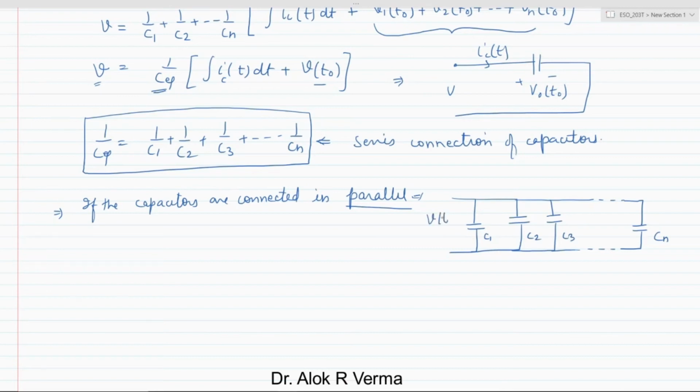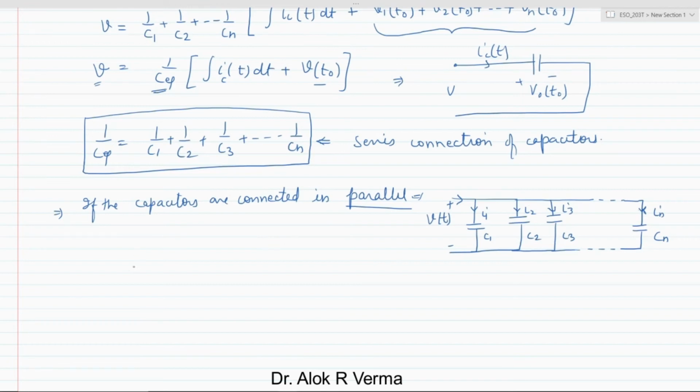The voltage is Vt, and the current going in these will be I1, I2, I3. The voltage, for the time being, will be changing. It is a time dependent voltage, right? So now let us consider the situation where the voltage which is being applied is across the parallel connection of the circuit.